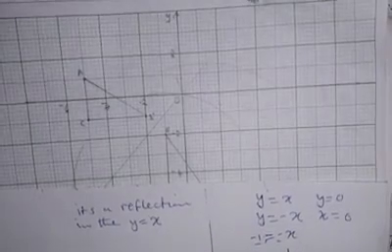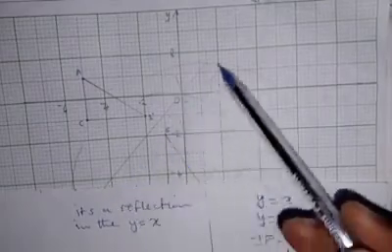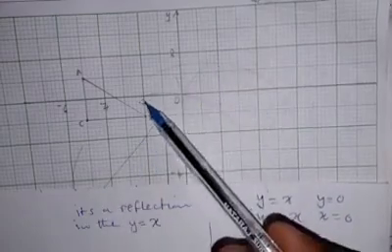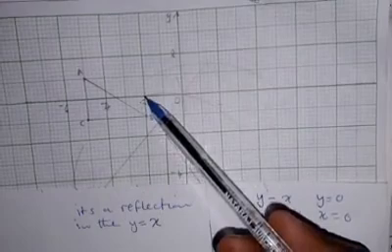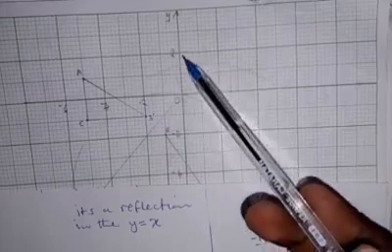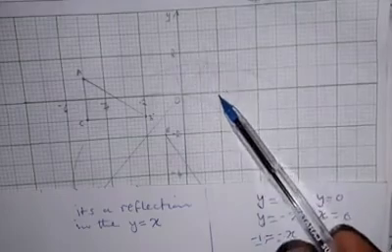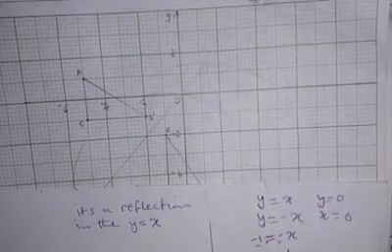It is a reflection in the line y is equal to x. So now this is the mirror line, y is equal to x, which means that if your x is -2, even your y will be -2. Then when your y is 2, even your x is going to be 2. So it will just pass like that.